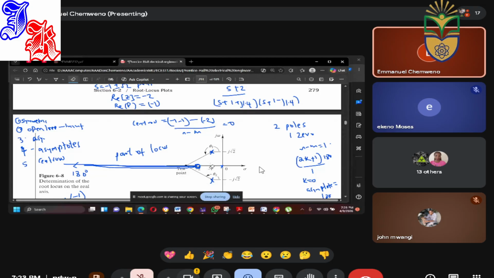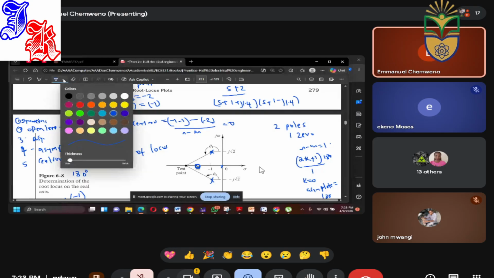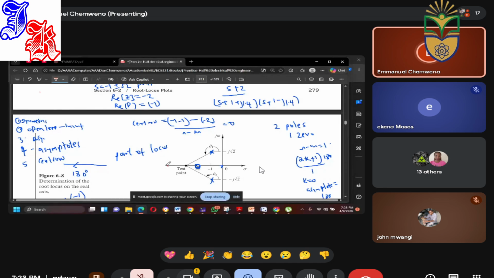But this is not the locus. What I've drawn here is the asymptote. Sorry, this is the locus. Because the number of poles and zeros to the right is odd, now we have a complex pole here.